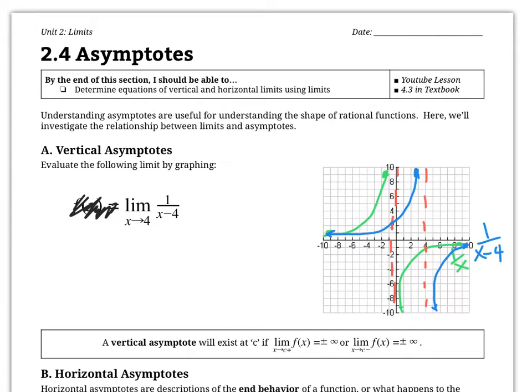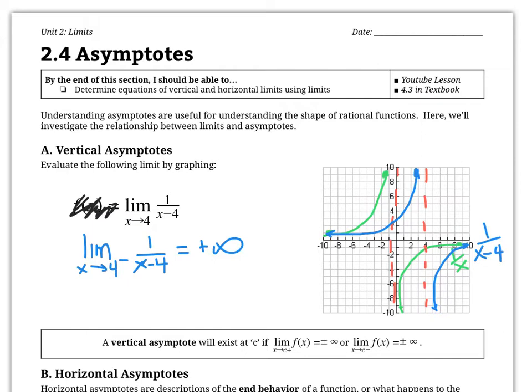And so the way we put this is that the limit as x approaches 4 from the negative side of 1 over x minus 4, well, what do you think it approaches? It's going to approach positive infinity, because it's just going to keep getting bigger and bigger the closer we get to 4.